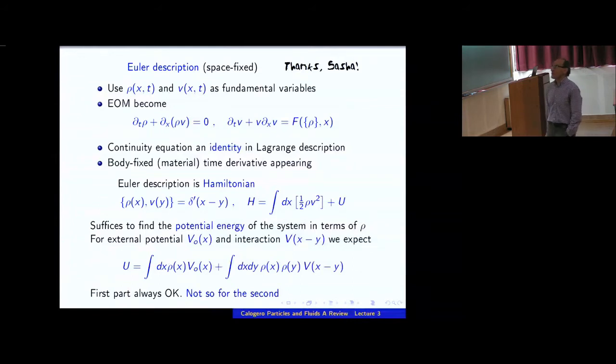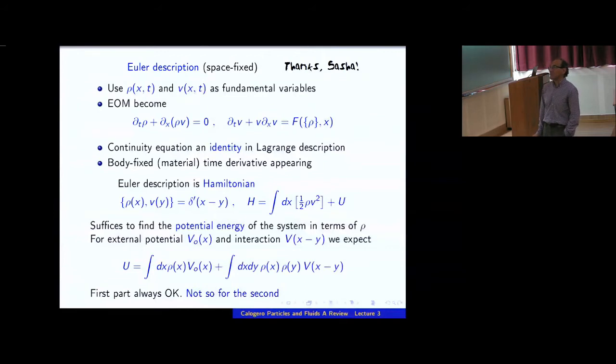We can reformulate our equations of motion in terms of those variables, and we'll have the continuity equation expressing the fact that particles are conserved, and the Euler equation, that's the body fixed derivatives of V, and that's the force, which is simply Newton's law for a fluid particle, which could mean not necessarily an individual particle, but a very small volume of fluid. This equation did not exist in the Lagrange formulation because it was an identity. It was a trivial identity, like 1 equal to 1. Here we have to include it as an extra dynamical equation.